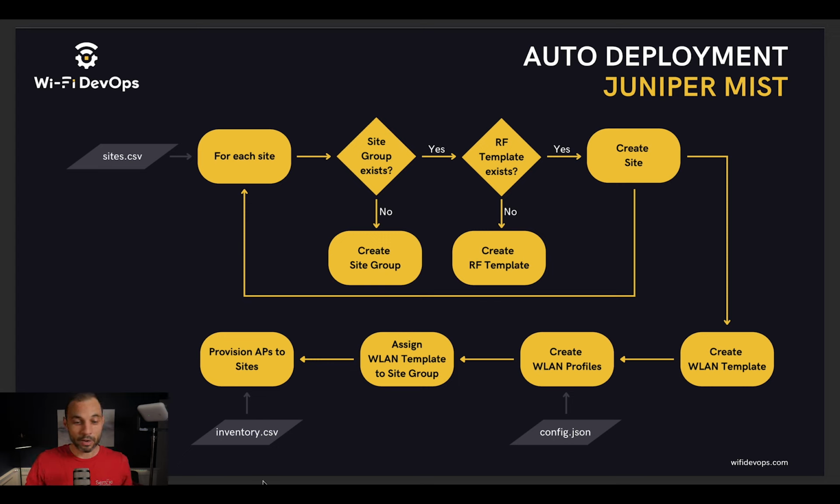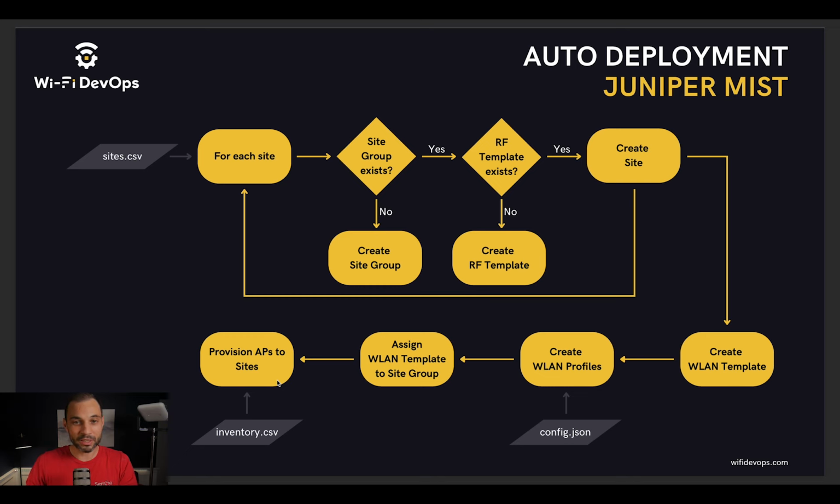We pull out that information from the inventory CSV file that we can get from the Mist dashboard, and then we add the site information and the new names into that CSV file. We feed that file back to the script, and the script deploys, renames the APs, and assigns the APs to the proper site. Okay, so this tool can automate the process.